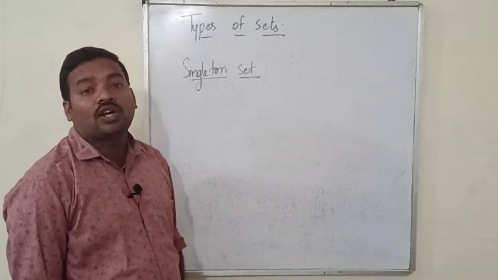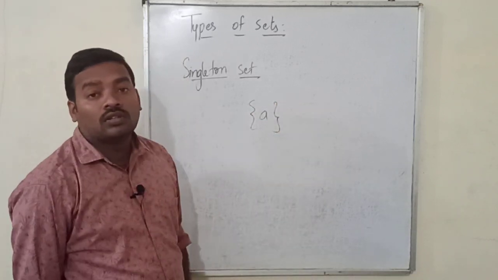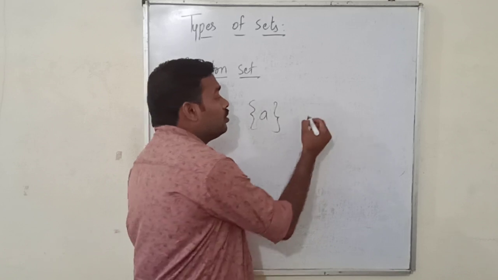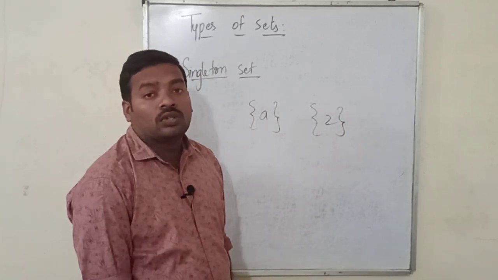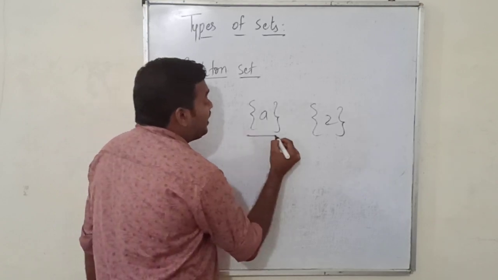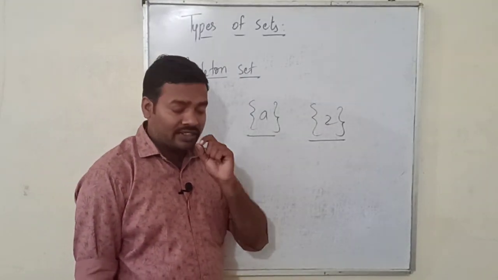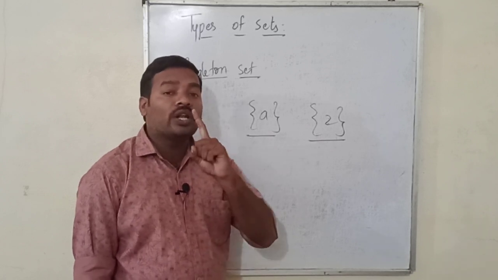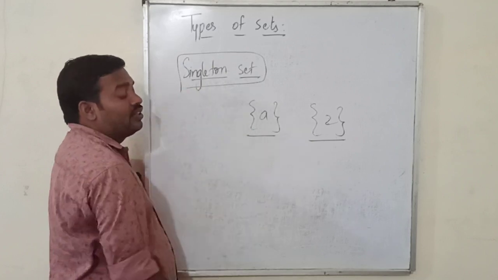For example, the first letter of the English alphabet, you can write A. Or even prime number, 2. So these types of sets are known as singleton sets. The set which contains only one element is known as singleton set.